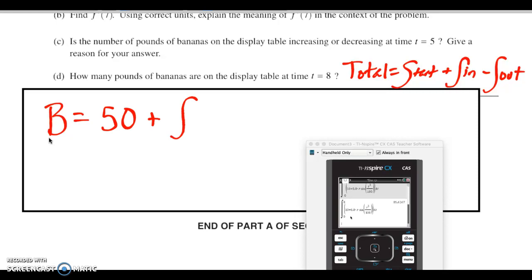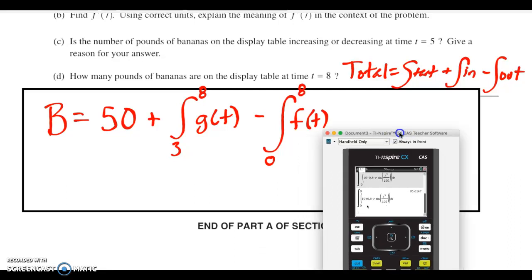Now the incoming rate is g of t, and bananas start coming in at time 3, and we want to look at until time 8. And the outgoing rate is f of t, and I want to look at that from when they start going out at 0 to time 8.